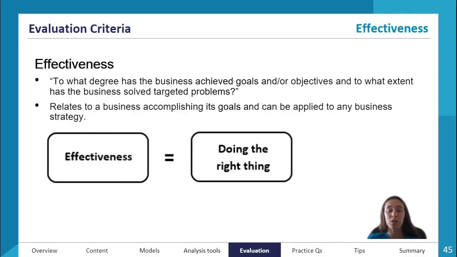So it relates to this idea of goals, and it can be applied to any business strategy. If it's effective, then they will have achieved the goals and overcome any barriers in the process. It's about doing the right thing, choosing the right thing to do and doing that.